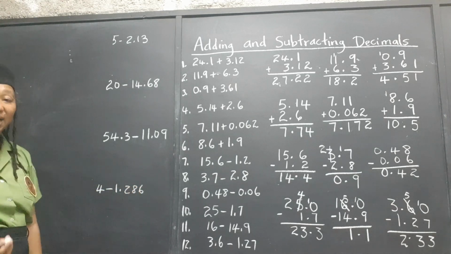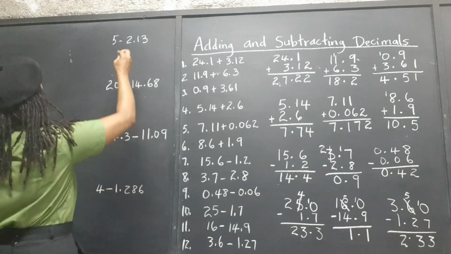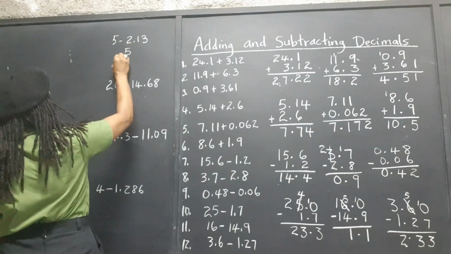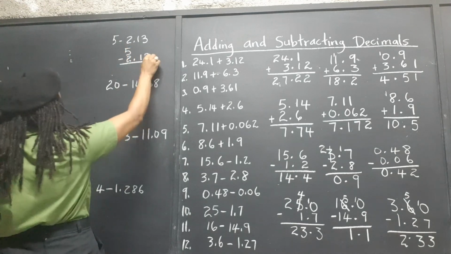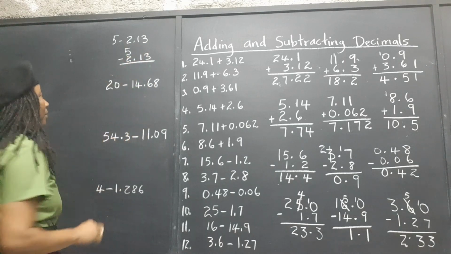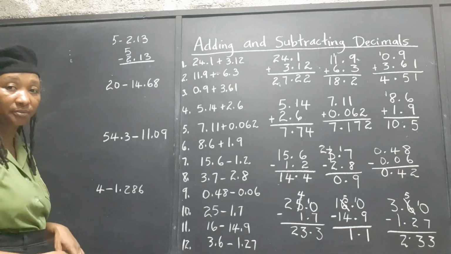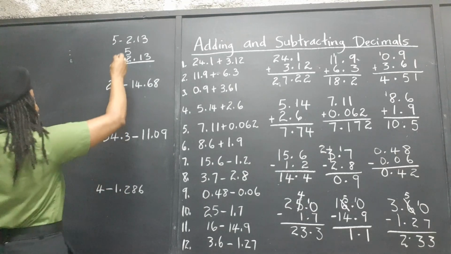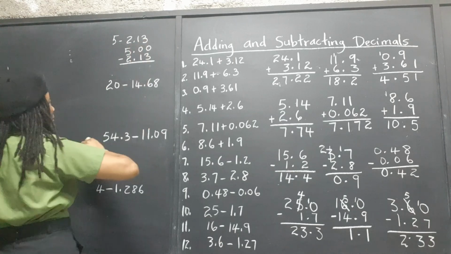Alright, so just to get some extra practice, right? So we have 5 as a whole number and we're taking away 2.13. Remember, we can't just put down the 1-3 there. If it was addition, we could. For subtraction, you have to put in your decimal point and add zeros to hold the place.